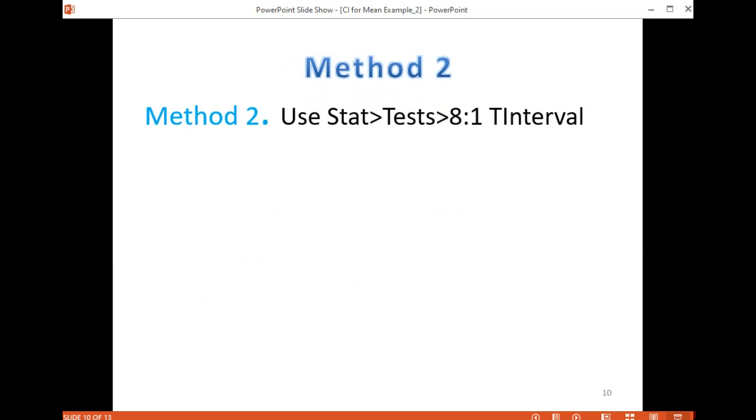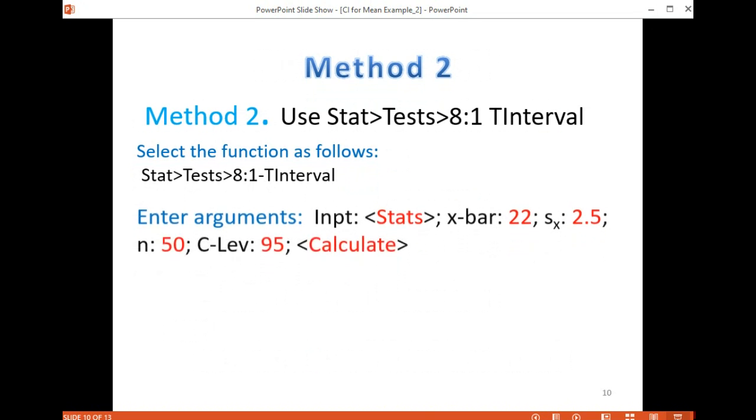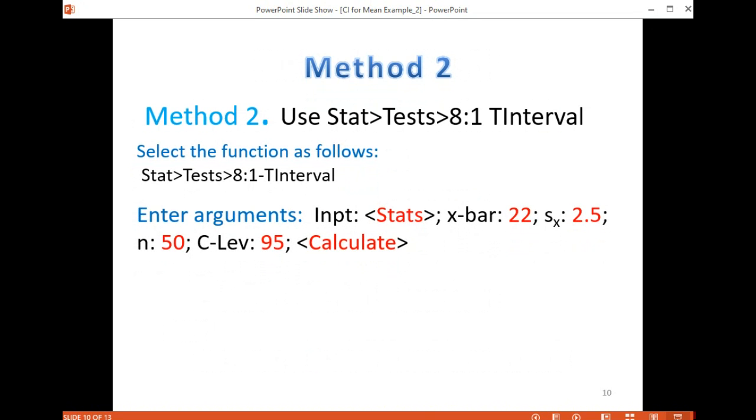In the second method, we're simply going to use the calculator function that was designed to calculate confidence intervals for means. So we just select that function, which is STAT TESTS, and it's the 8th one, called 1-Interval T. Okay, and it's going to ask you for the arguments.